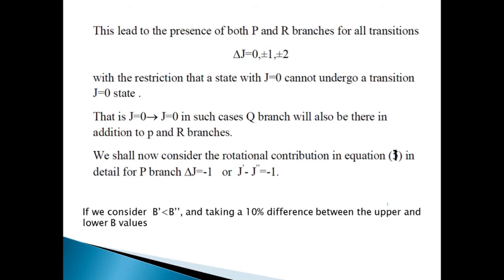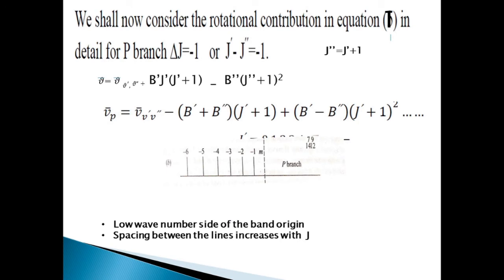Okay, Q branches also. Before going to the rotational fine structure, we consider that B prime is less than B double prime, and take the difference between the upper and lower B values. We write the equation corresponding to the selection rule delta J equal to minus 1, that is, delta J minus 1 gives P branches.